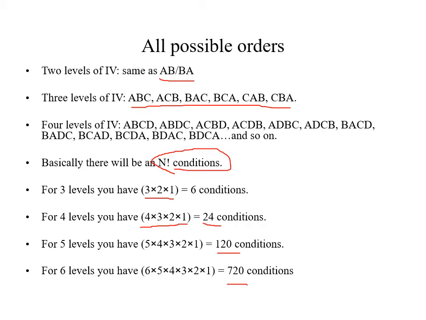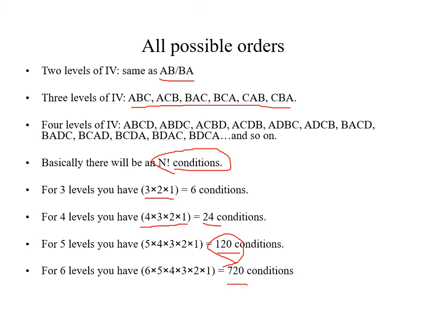All right, now you are probably thinking that, well, that doesn't really make sense, because let's imagine if I have 5 levels of my independent variable, then I need to have 120 conditions in order to counterbalance all of that order effect, right?